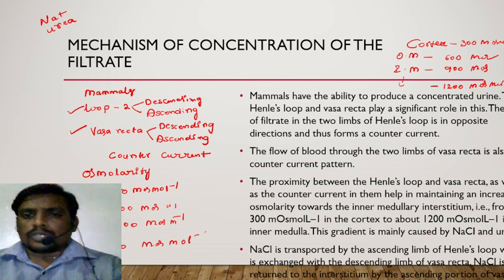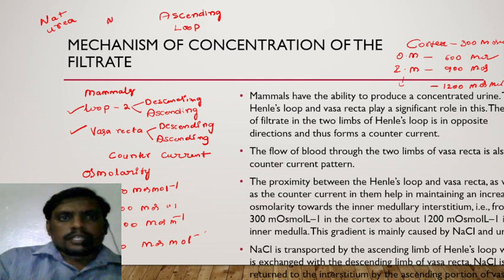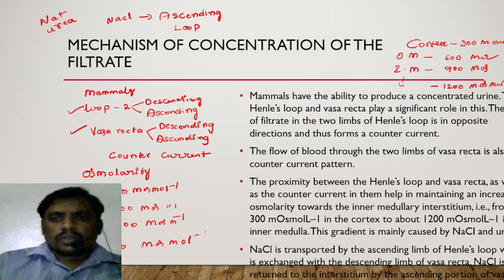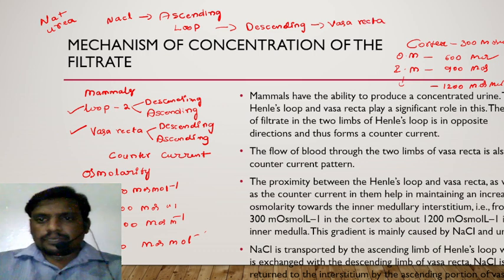NaCl is transported by the ascending limb of loop of Henle, which is exchanged with the descending limb of vasa recta.